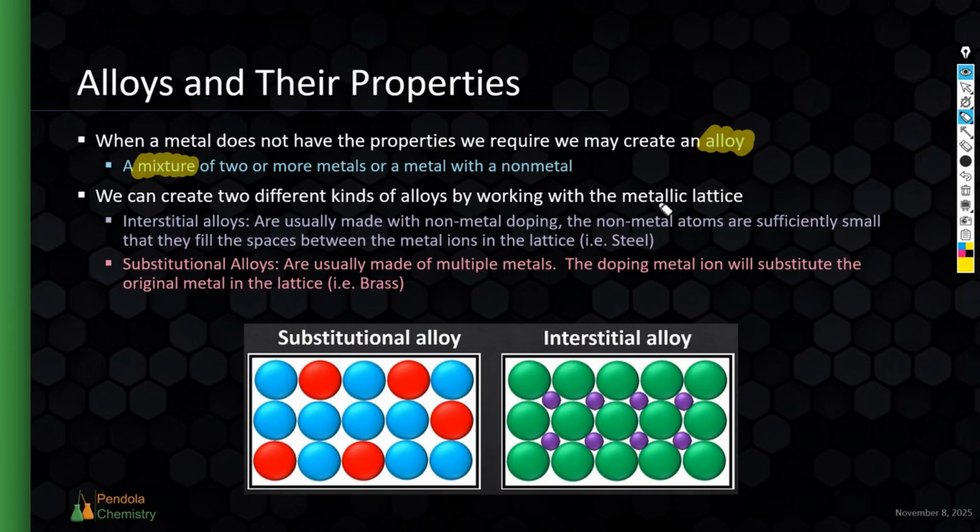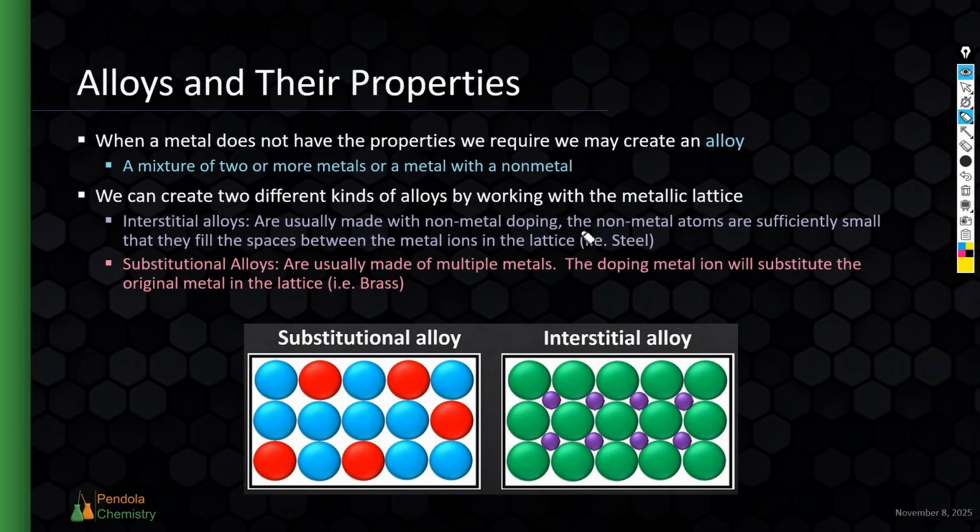That's what differentiates an alloy from something like an ionic compound, which has a specific ratio of metal to non-metal. And there are no ionic compounds that have multiple metals. We can create two different kinds of alloys by working with the metallic lattice: an interstitial alloy or a substitutional alloy. With an interstitial alloy, we are usually going to add a non-metal, but it could be a metal.